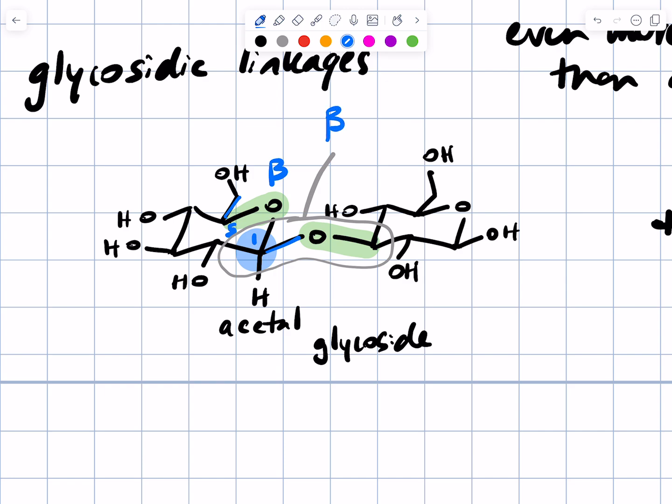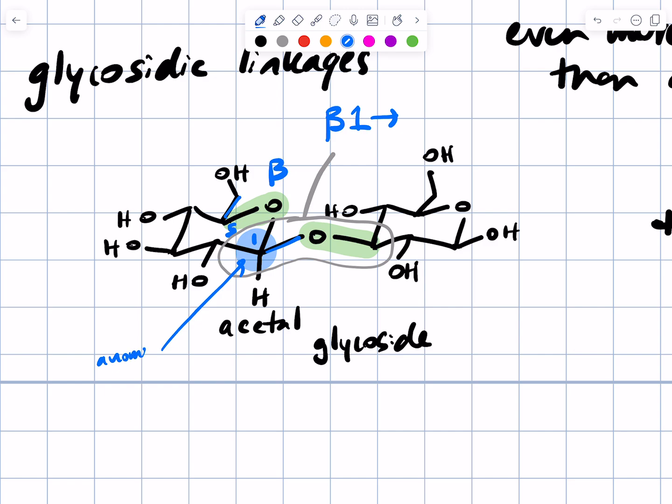Then we'll write down the atom number of that anomeric carbon, which in the case of glucose is always 1. Then we'll draw an arrow and we'll write the number of the hydroxy group on the next sugar, the one that's attached to the anomeric carbon.